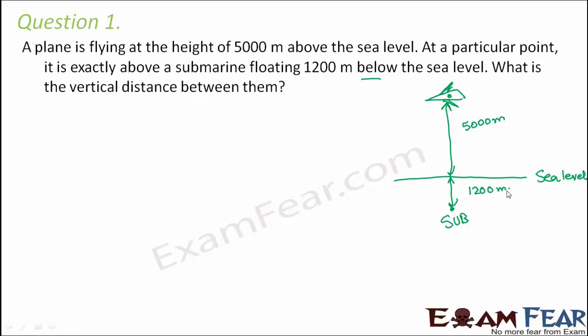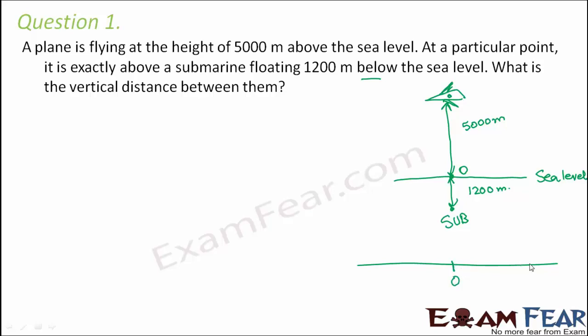Now what is the question? The question is to find out the vertical distance between the aeroplane and the submarine. So basically you will have to find out this total distance. Now let us try to consider it like a number line. If you consider it as a number line, this point which denotes the sea level would be our origin, that is, at 0.